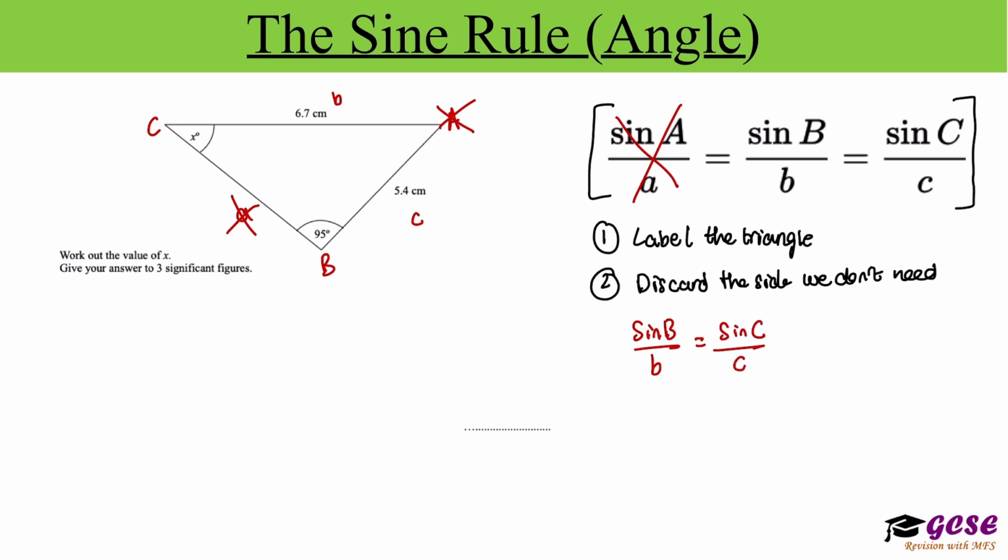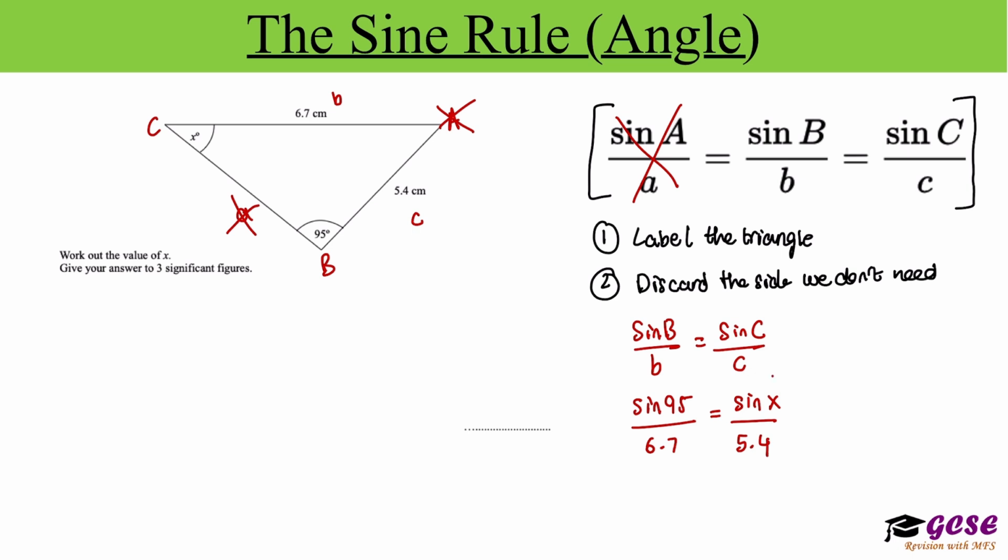Now we know what B and C are, so all we're going to do is substitute in our values. We know that capital B is 95, so we've got sine 95 over lowercase b, which is 6.7. That's equal to sine capital C, which is x, so it's sine x over lowercase c, which is 5.4.